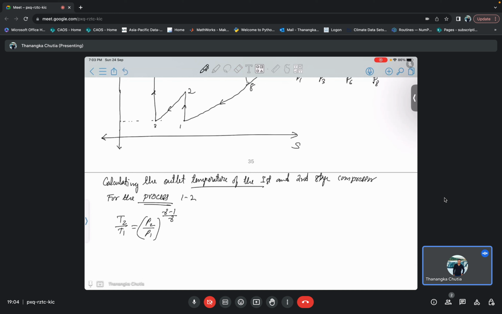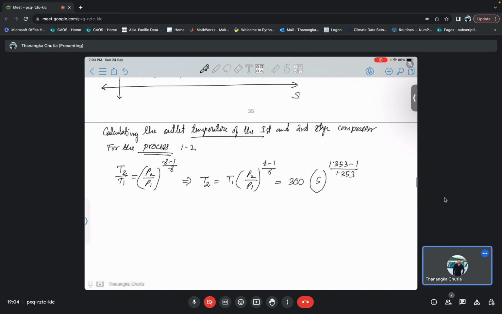This P2 divided by P1 is basically equal to 5, so T2 is equals to T1 into P2 by P1 to the power gamma minus 1 divided by gamma. What is T1? 300. What is P2 divided by P1? 5. And 1.353 minus 1 divided by 1.353.